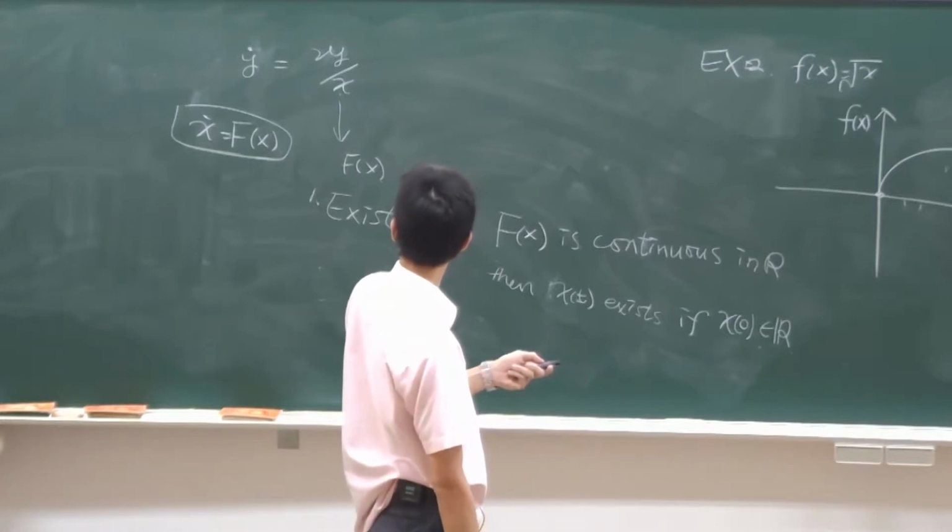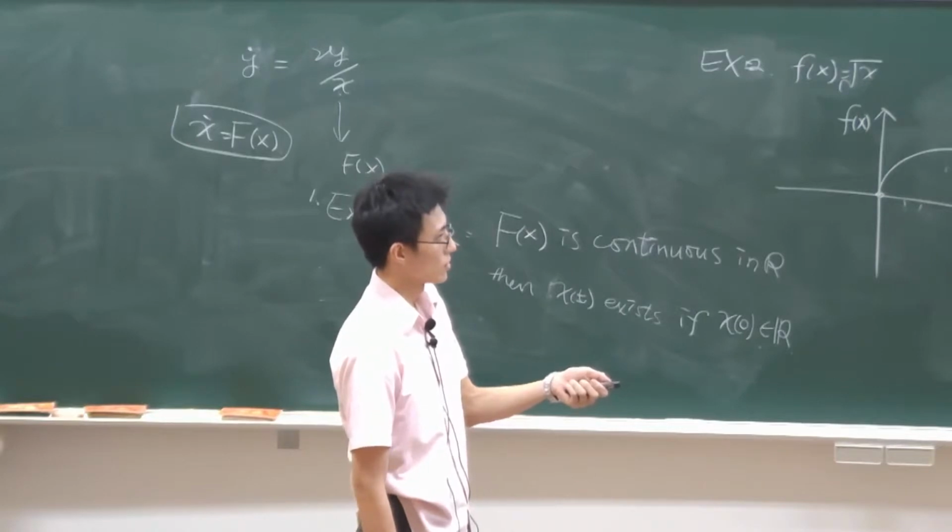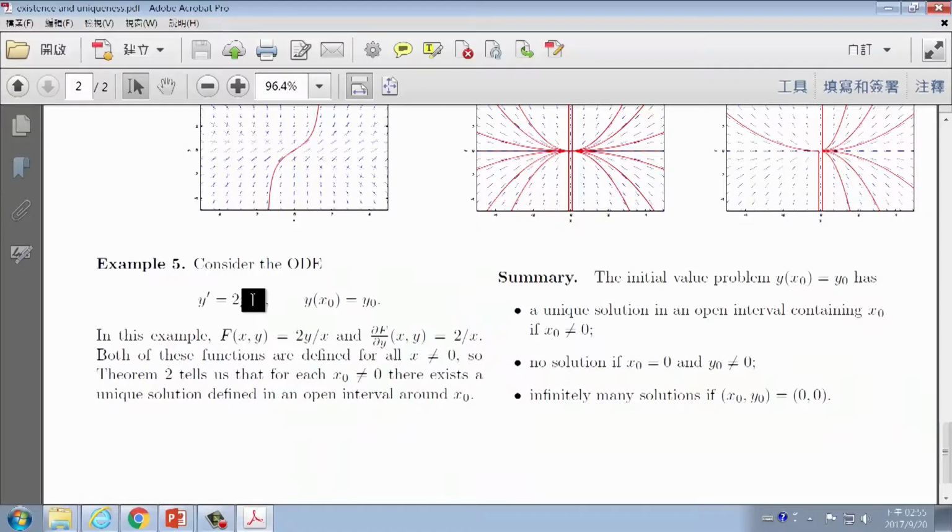So the solution exists for sure. Define for x both functions. See here, both of these functions. So f is this, and the partial of f is this. Both functions are defined everywhere other than x equal to 0. It tells us that for each x not equal to 0, there is a unique solution in an open area.